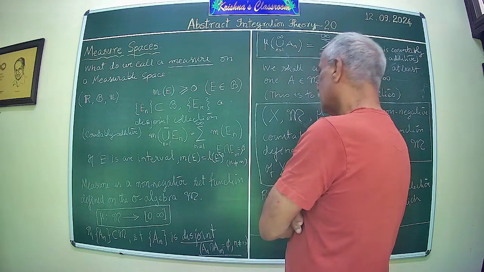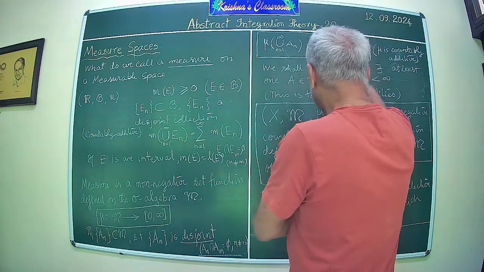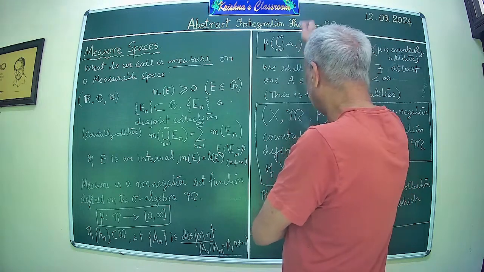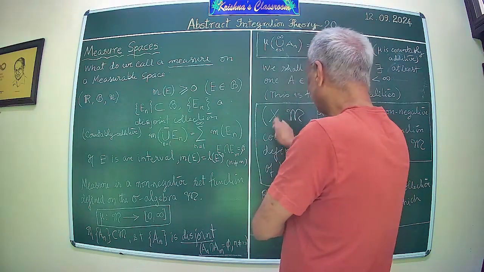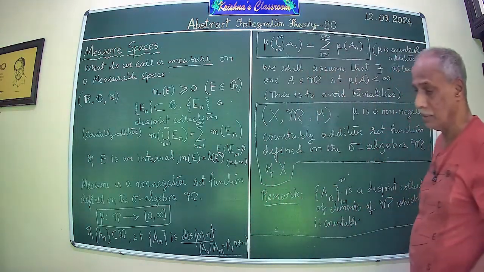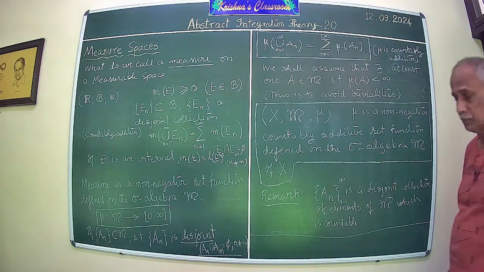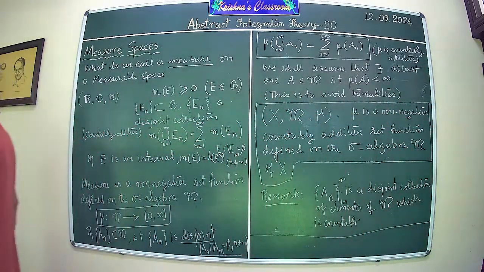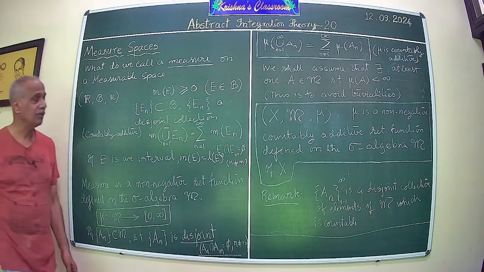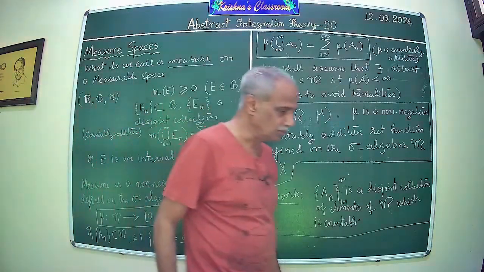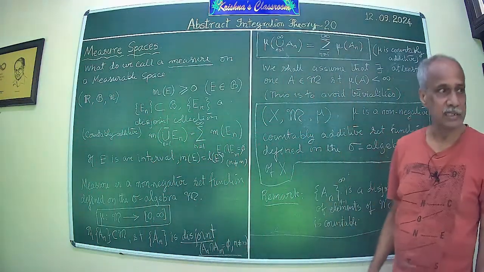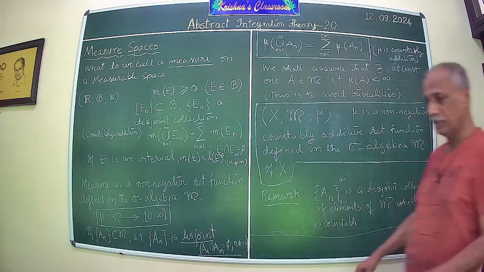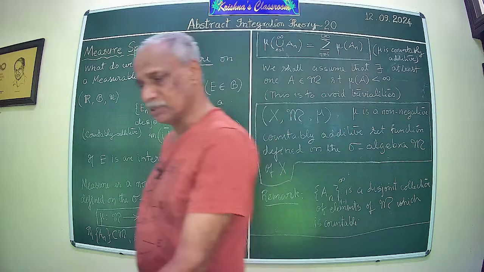So there are different measures that you can impose, as there are different sigma algebras that you can choose. Essentially, the choice of the sigma algebra and the choice of the measure are going to be decided by what exactly you want to do. So that's our process.